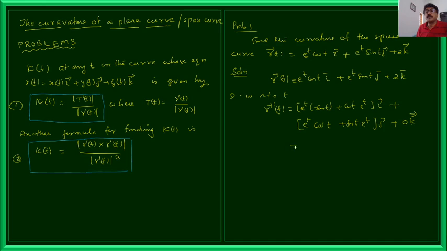You can write this as e raised to t, you can take outside, cos t minus sin t into i plus e raised to t into cos t plus sin t.